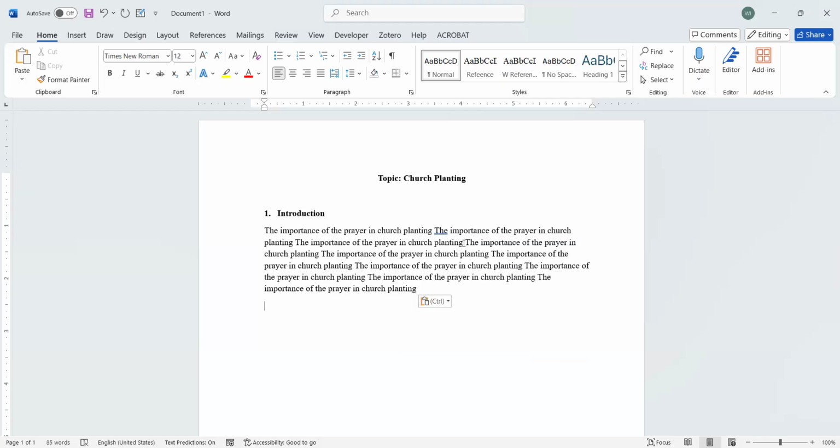And then maybe you mention something related in the next heading, definition of church planting or importance of the planting church. And then you write.